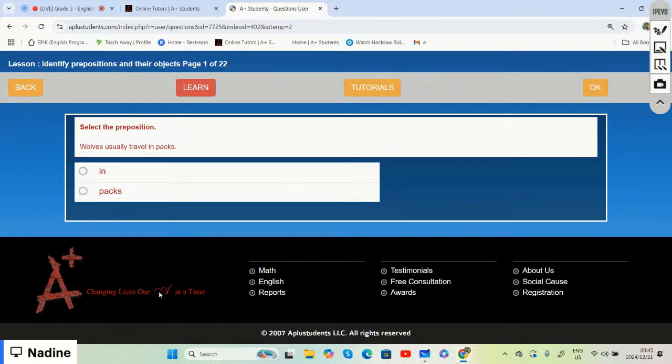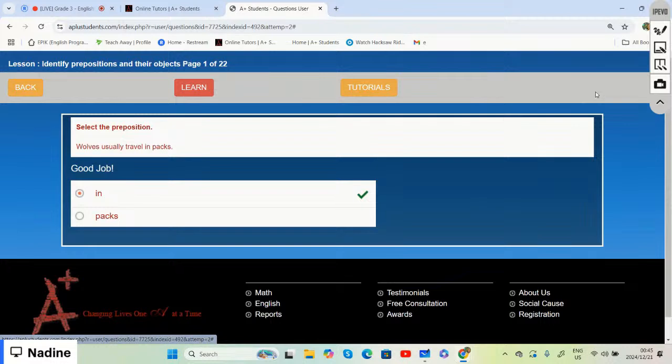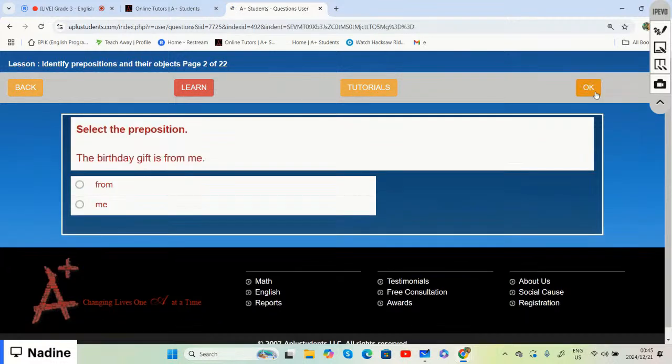And if we were to identify the preposition, it is in. Packs is the object of preposition.